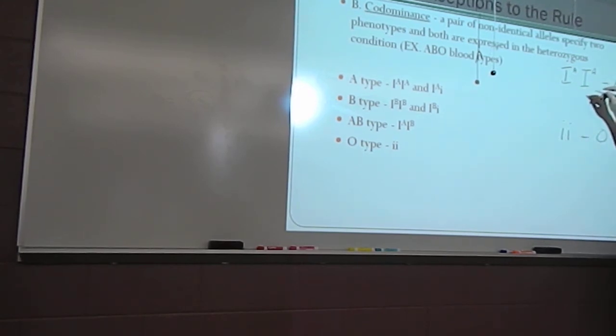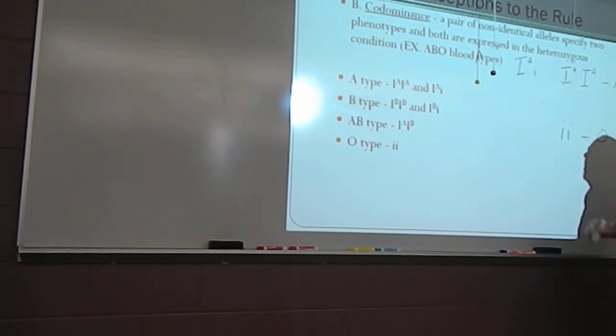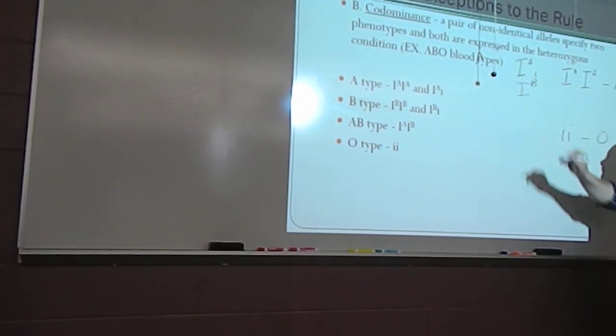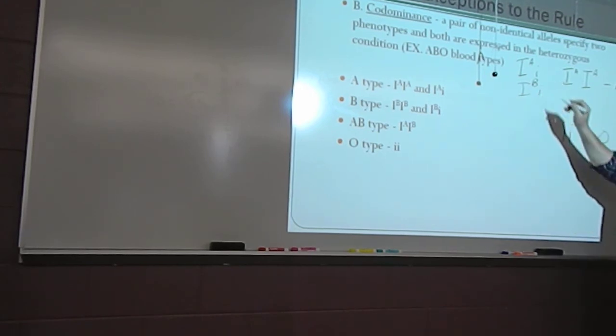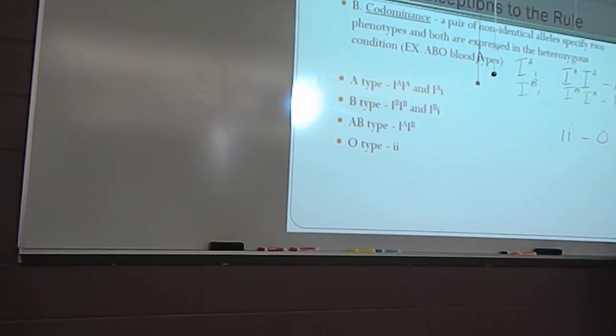Or if we have a dominant A and an O, because the O is recessive, then it can be A blood type. We can have the dominant being a B. If it's with a recessive, or with an O, then it's going to be a B, but it also can be two dominant B's.